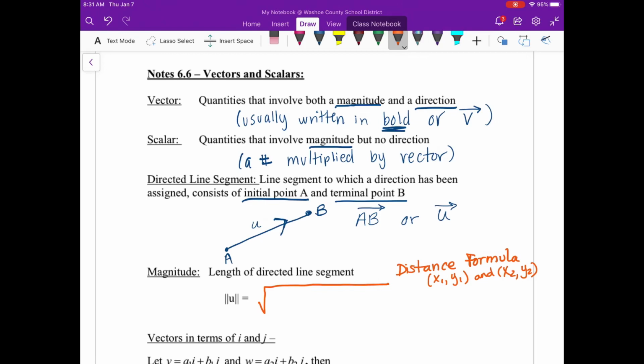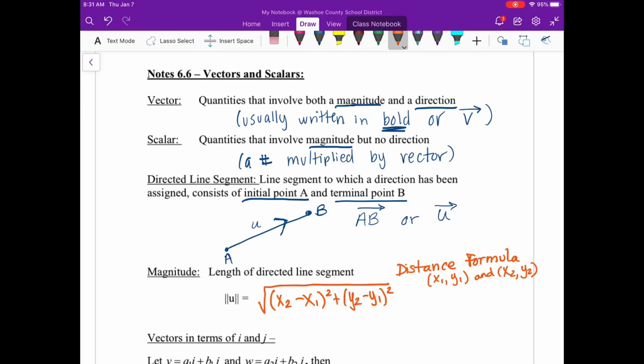We're not going to be using the distance formula that you're used to. I just want to make that connection. The distance formula was the square root of x sub 2 minus x sub 1 squared plus y sub 2 minus y sub 1 squared. You would find the horizontal distance, your x's, and square that. Then you would find the vertical distance, your y's, and square that, and then take the square root, and that was your distance formula, right?